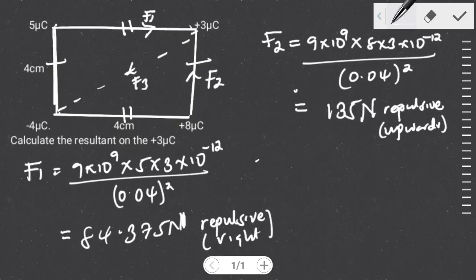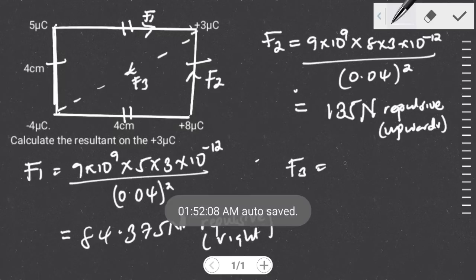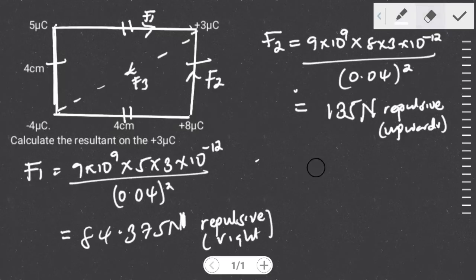And therefore let's have force 3, which is between 4 and 3, and therefore we need the distance of separation. We don't know that, so we have to calculate it. From Pythagoras theorem, we know that 4 squared plus 4 squared is equal to x squared.